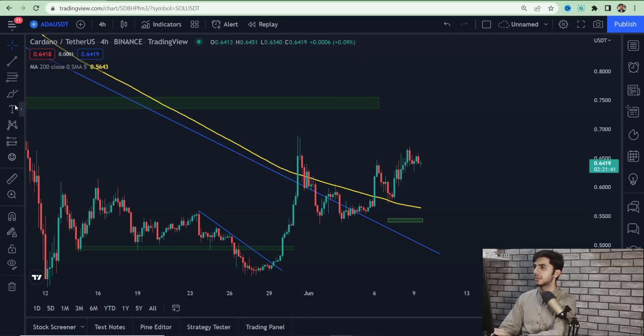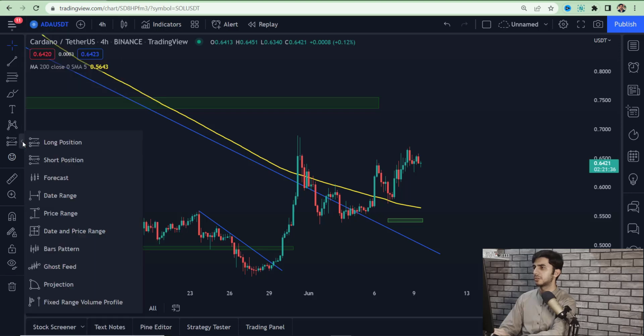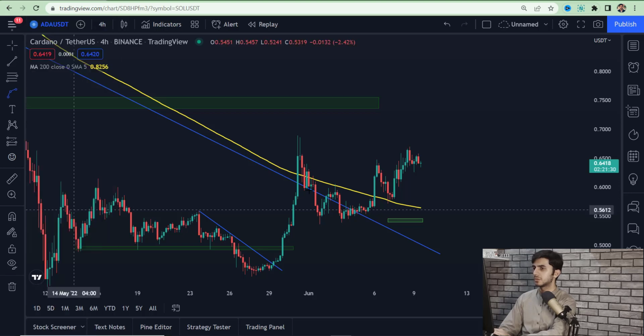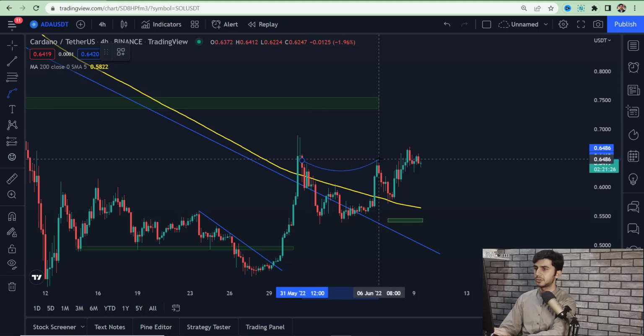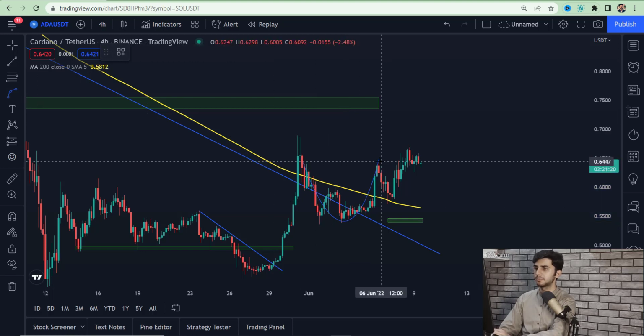And it also created a very famous pattern in conventional trading. Where is the curve? I think there you go. It has created the cup and handle, as you can see.